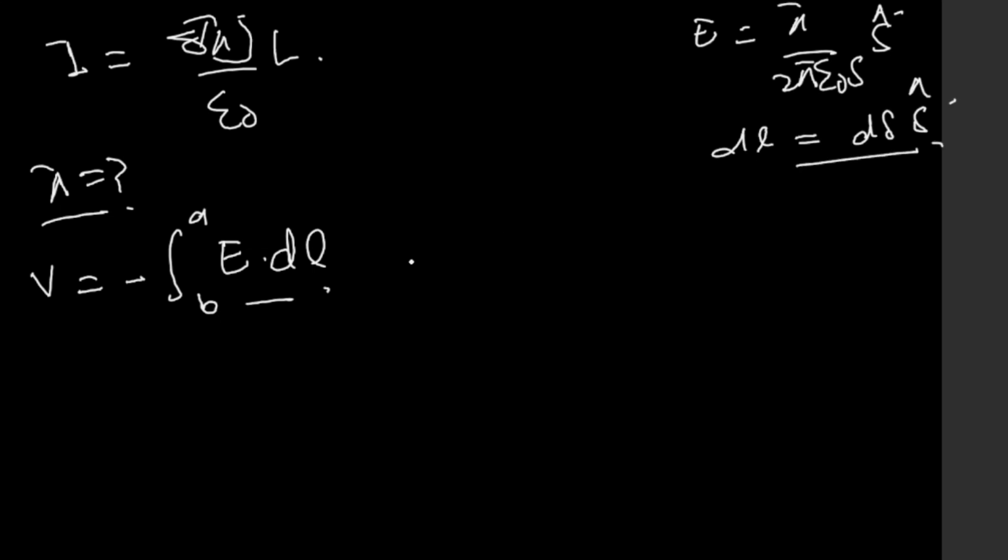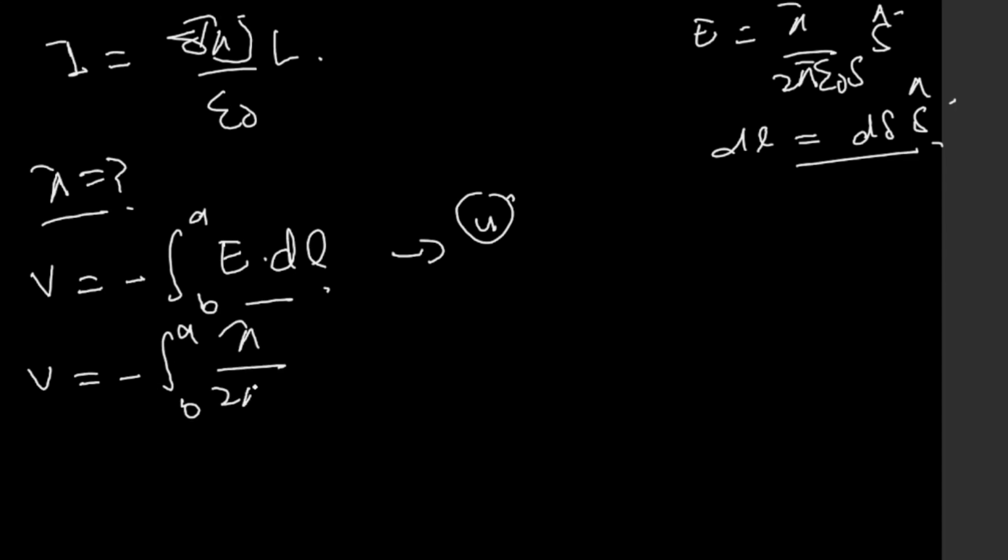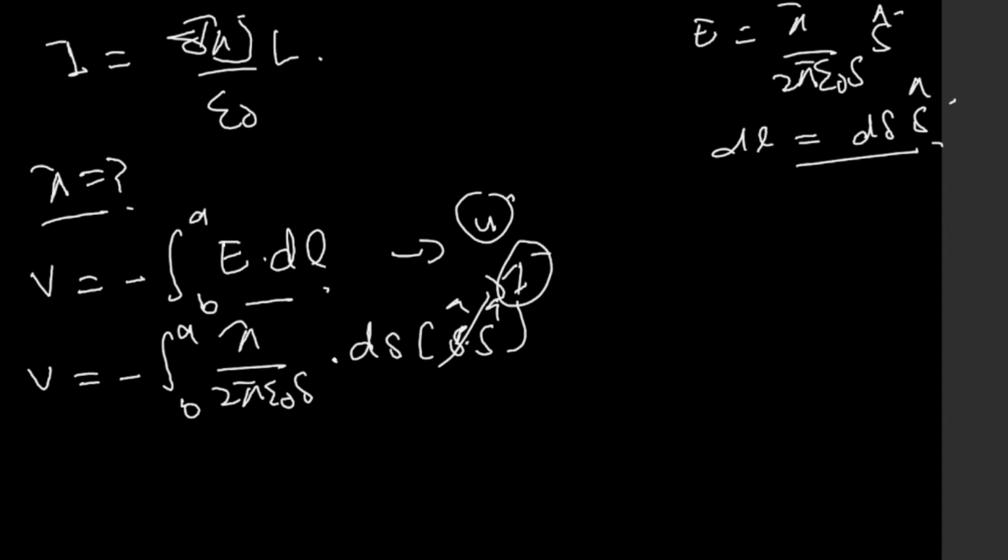Now put these two in equation 4, so we get V equals minus the integral from b to a of lambda divided by 2 pi epsilon naught S, dotted with ds, where S-hat dot S-hat gives 1. Now this is a general multiplication.